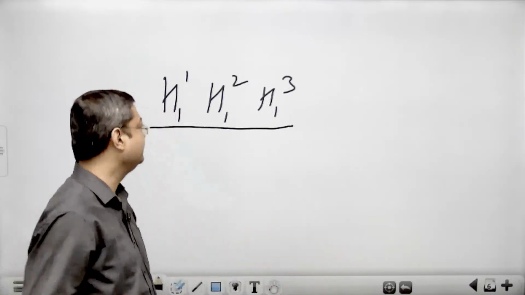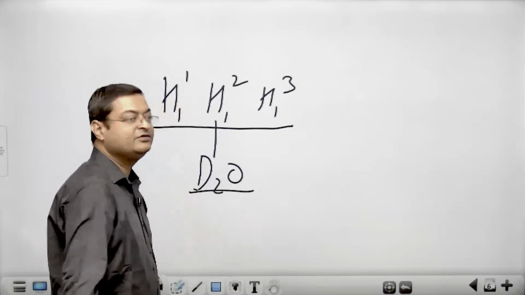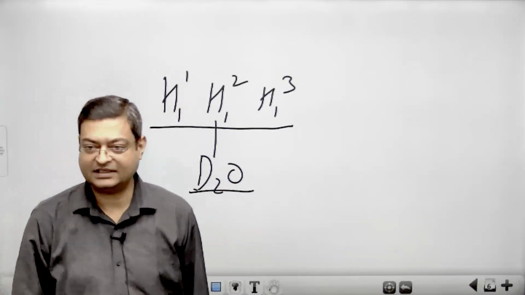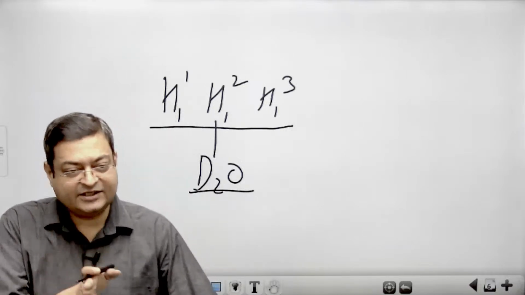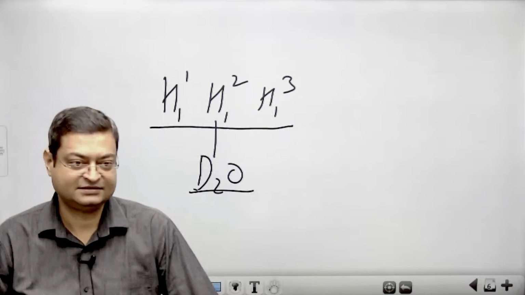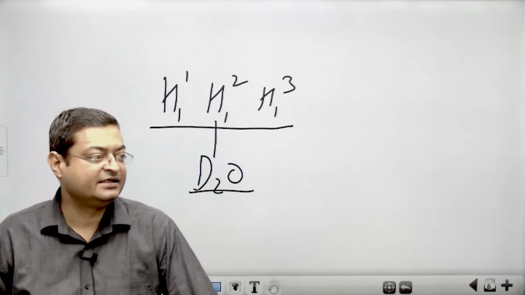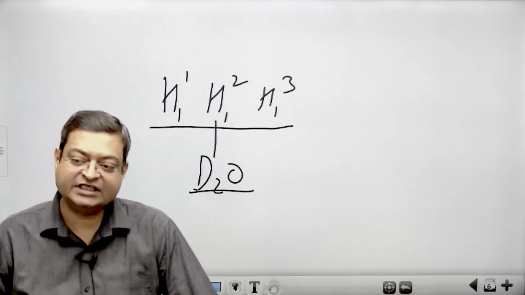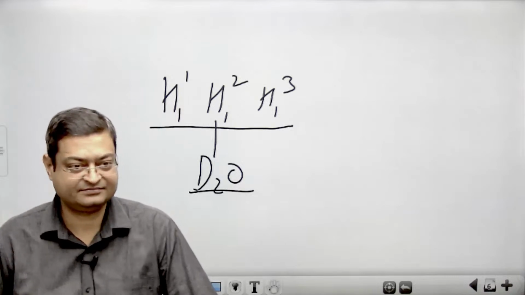In fact, D2O is called heavy water. At present, it is used in nuclear reactors. So with this radioactive disintegration, there is generation of heat, and that principle is utilized in nuclear fission reactors. A chain reaction is established.